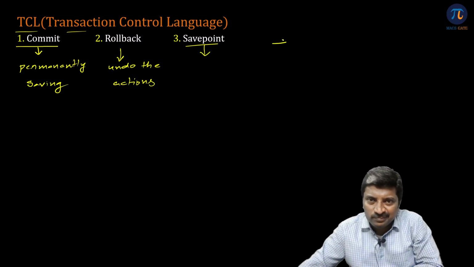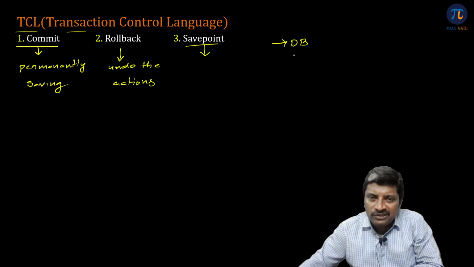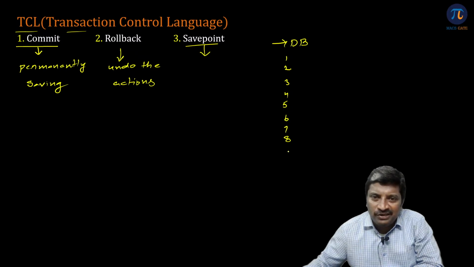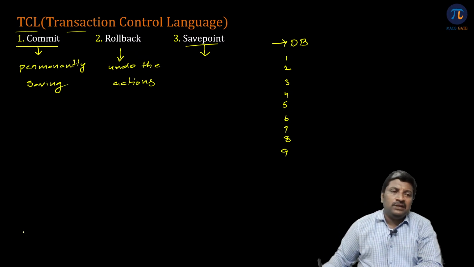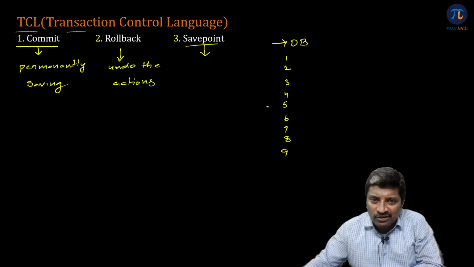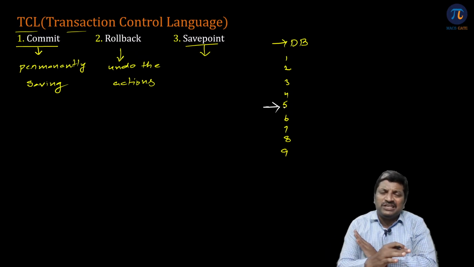Something like this is the database. I have done so many actions, like suppose some 8 or 9 actions, to the same database. And I am sure that up to 5, everything is very clear.